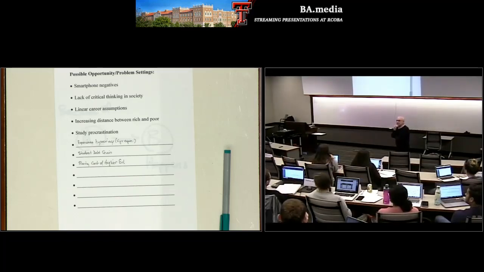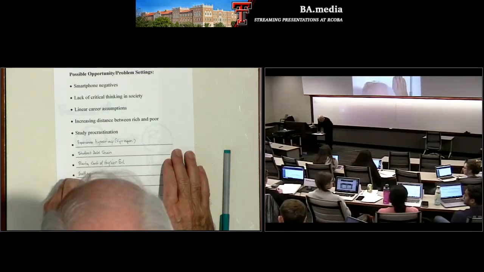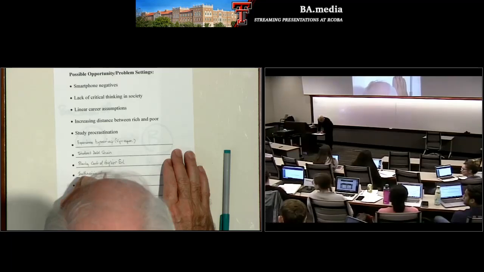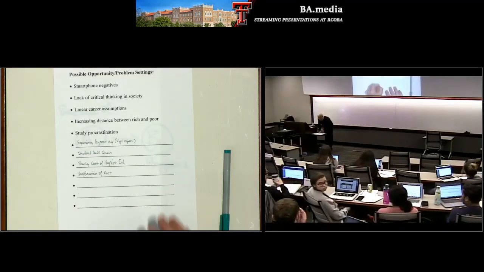Inefficiencies of government. This is true, but how does that work? I shortened government, okay.